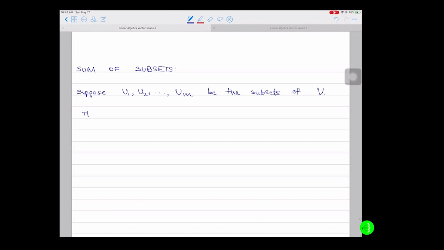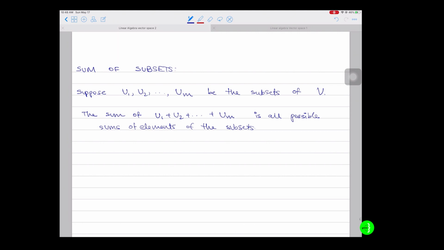Then we say the sum of U1, U2, and so on, the sum of all the subsets, is basically all possible sums of elements of the subsets.